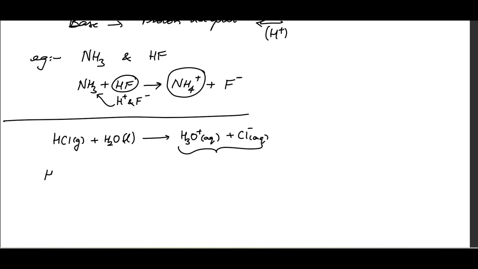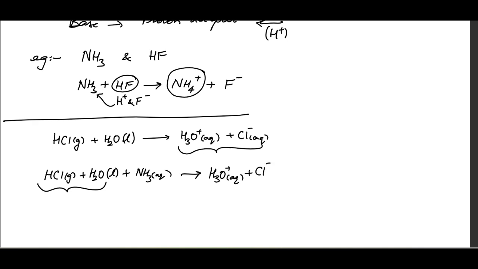Now, this H3O plus ion and chloride ion have come from HCl. So, if I say HCl plus H2O is reacting with a base, ammonia, we are basically understanding an acid-base reaction. So this can be considered as H3O plus aqueous plus Cl minus aqueous plus NH3.